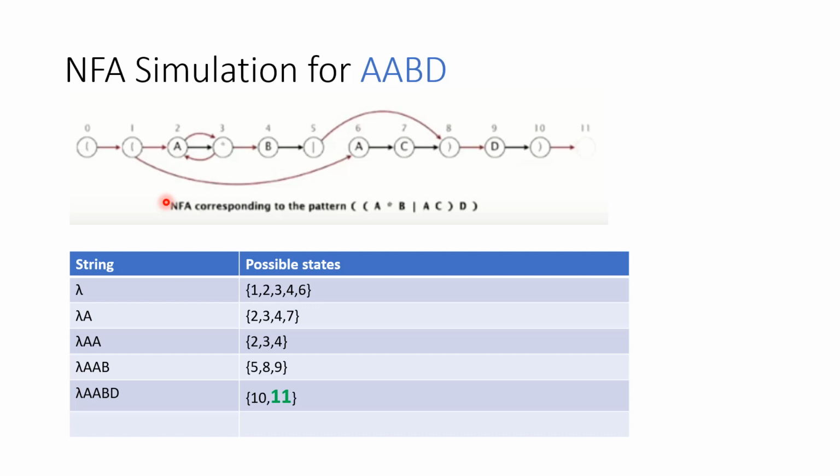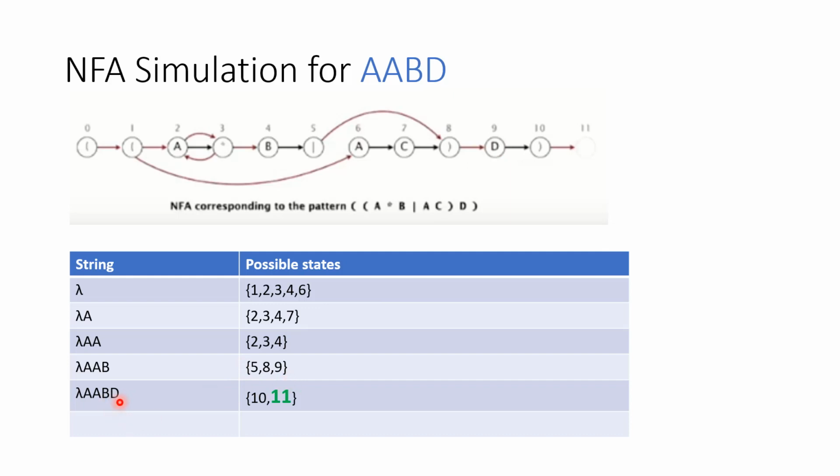Because we were in 2, 3, 4, if you go to 5, you can also take a free epsilon transition to 8, and you can take a free epsilon transition to 9. So you can be in 8 and 9 as well. So these are the possible states after reading that: 5, 8, and 9.